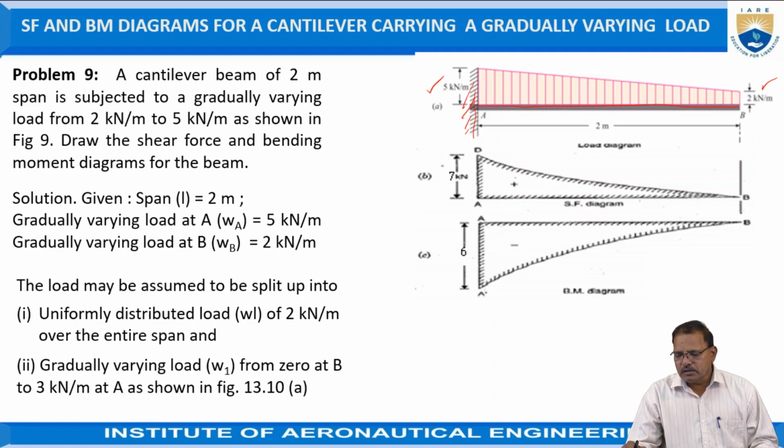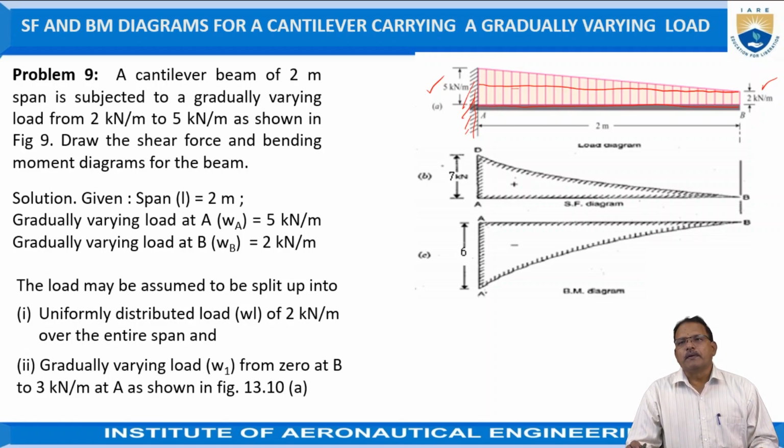That means if you draw the lines, the beam is subjected to a combination of uniformly distributed load as well as gradually varying load. Hence, when we are considering the forces, we have to consider the uniformly distributed load and the gradually varying load at the same time.